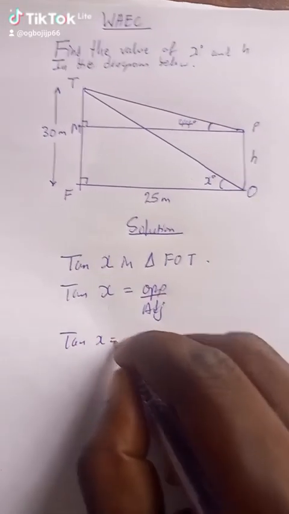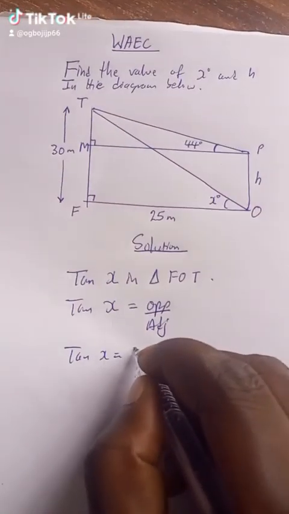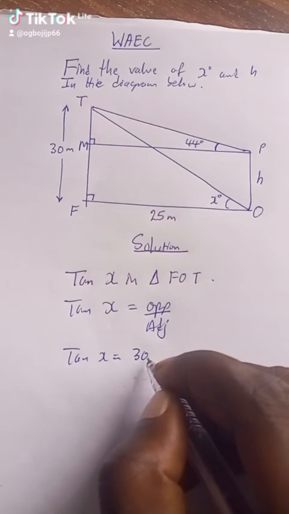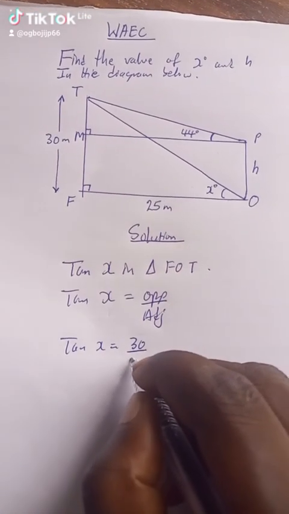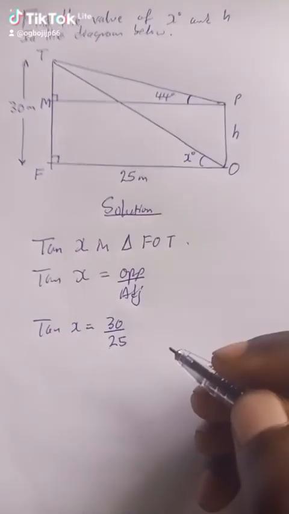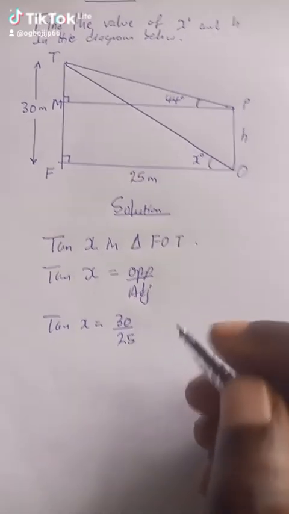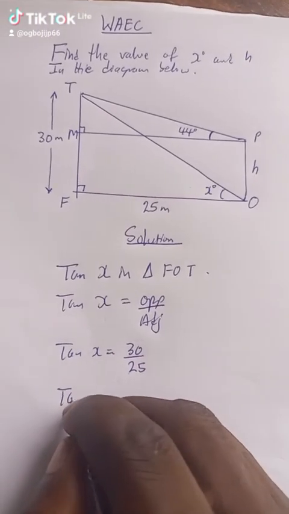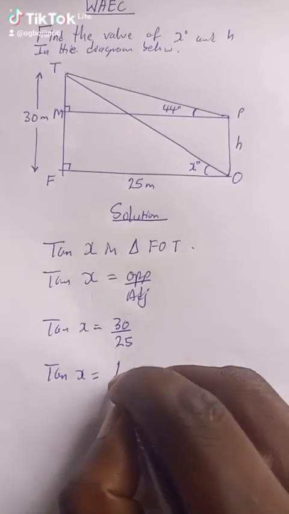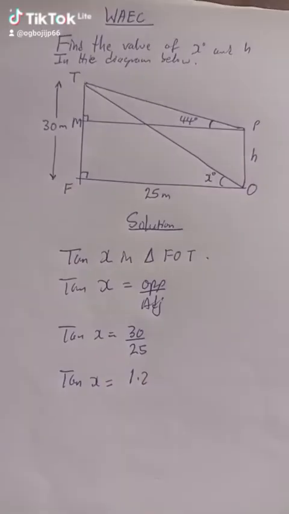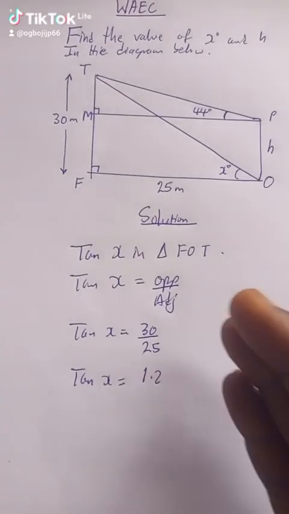Tan x is equal to our opposite, which is 30, all over adjacent, which is 25. So we have 30 over 25 as our tan x. If you divide it, tan x will now be equal to 30 divided by 25, which is 1.2.